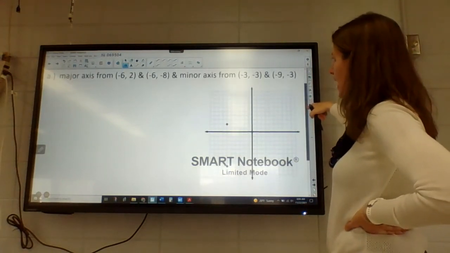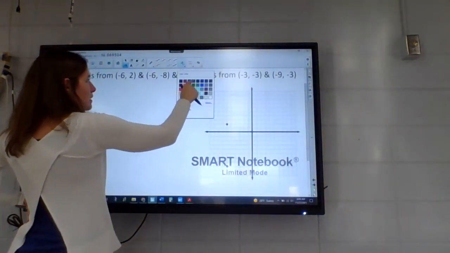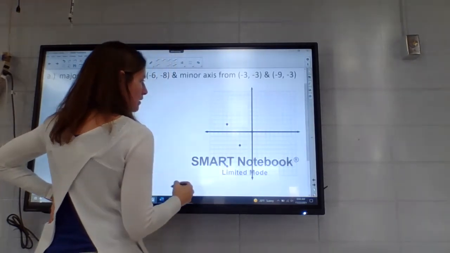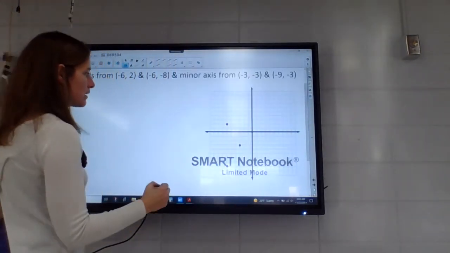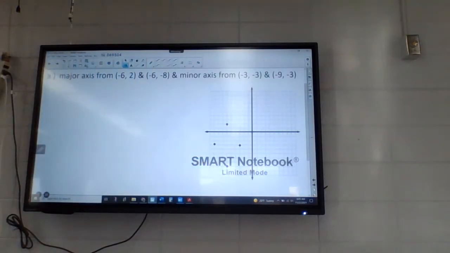And then the minor axis they give us is negative 3, negative 3 and negative 9, negative 3. If you do it this way, it's really, really easy to find the center of this ellipse. And I think it's easy to see the number that should be on the bottom.